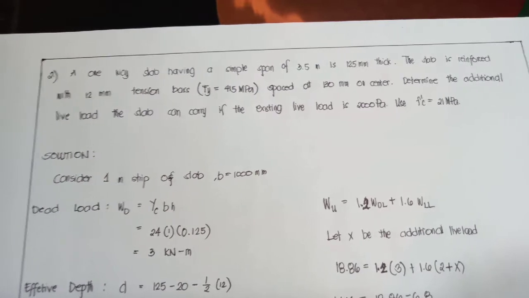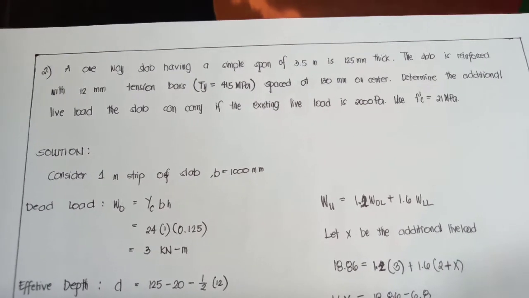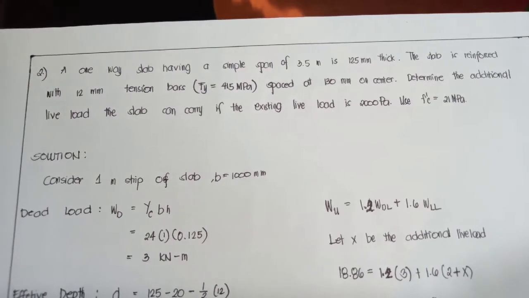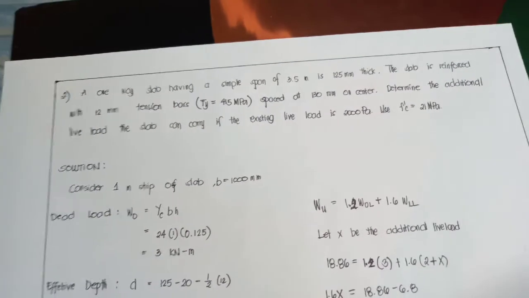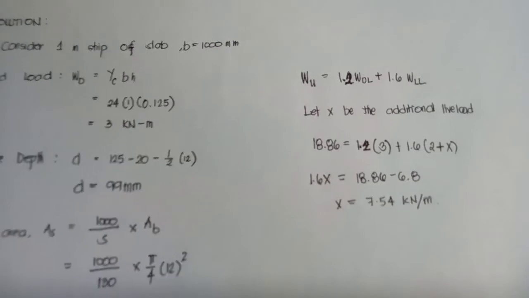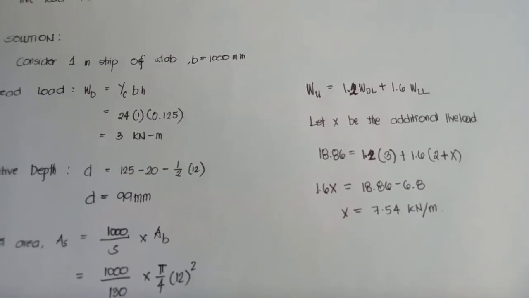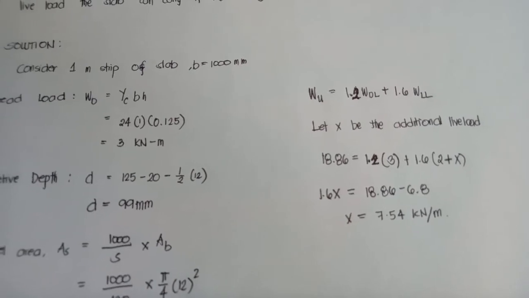Now going back to our problem, we are to determine the additional live load the slab can carry if the existing live load is 2000 Pa. So our additional live load here is unknown. Therefore, we need to assume that x will be our additional live load.